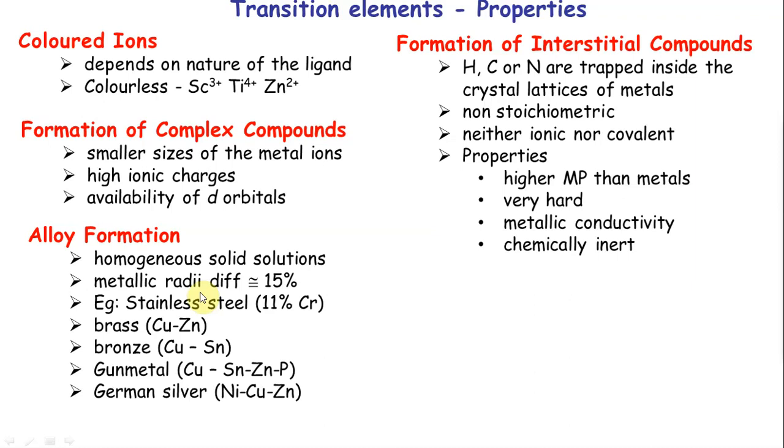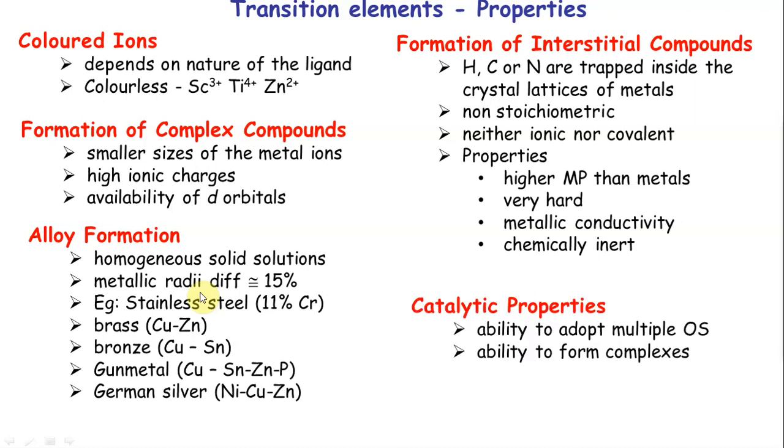This is neither ionic nor covalent, it is right in between. Because of this, you end up with a higher melting point than the starting element. They are extremely hard; for example, some compounds of boron are as hard as diamond. Some boron nitrides are as good as diamond in terms of hardness. Metallic conductivity is very high and they are chemically inert.